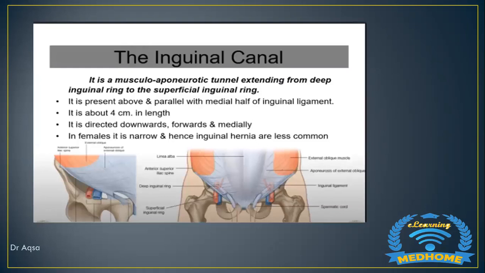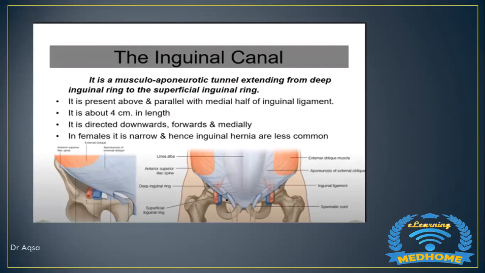Now, what is the inguinal canal? The inguinal canal is a musculo-aponeurotic tunnel which is extending from the deep inguinal ring to the superficial inguinal ring.